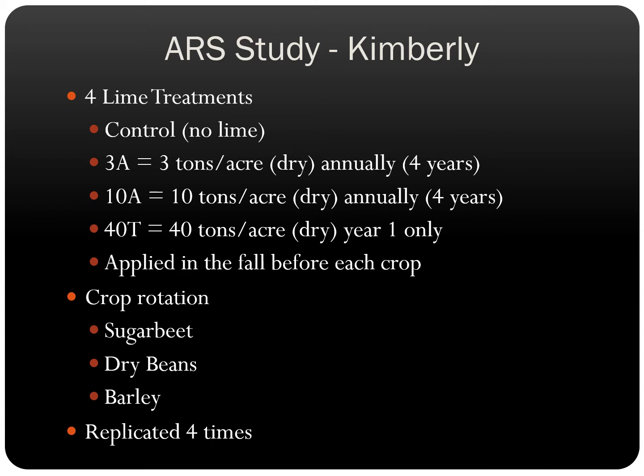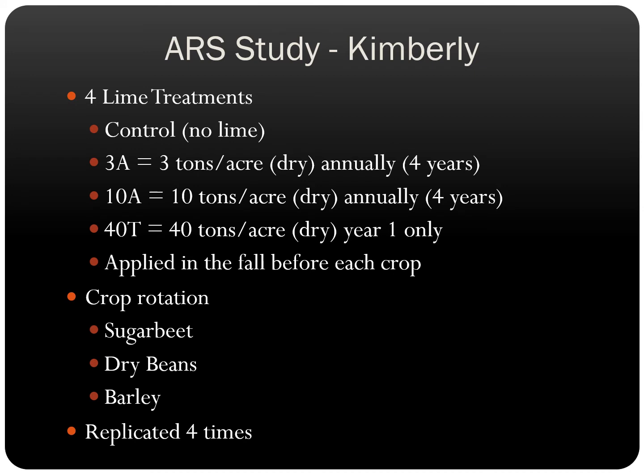We have a treatment where we applied 3 tons per acre annually for 4 years. That's what we call our 3A treatment, or 3 annual treatment. A 10A treatment, same thing, 10 tons per acre annually for 4 years. And then we have a treatment where we applied 40 tons in the fall before the first crop, so in 1 year only. This is called 40T, for 40 total.